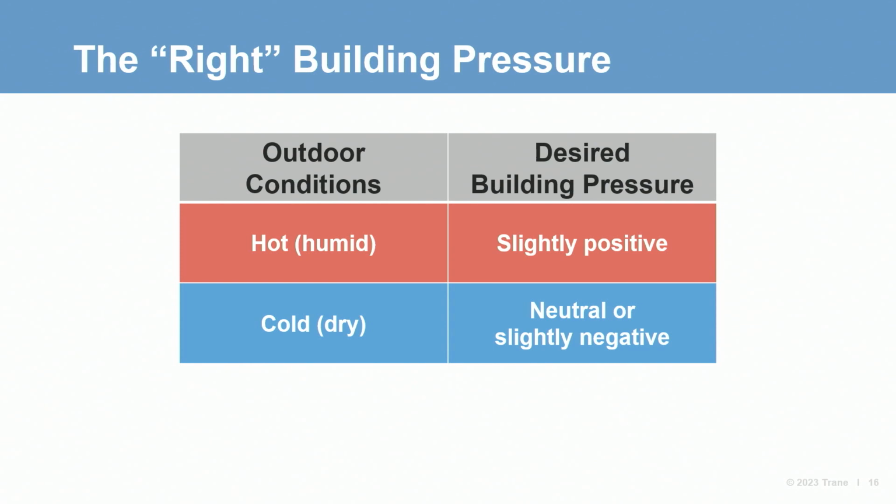But when it's cold outside, many designers agree that building pressure should be neutral, or maybe even slightly negative. A little bit of infiltration of dry outdoor air keeps moist air from leaking into the building envelope. In most cases, a pressure difference of 0.05 to 0.1 inches of water is sufficient to get the benefits of pressure control without the problems.